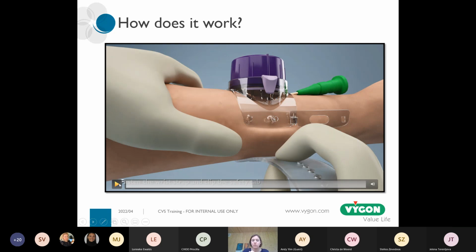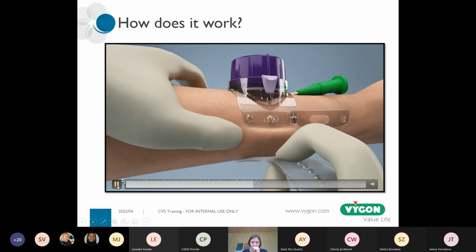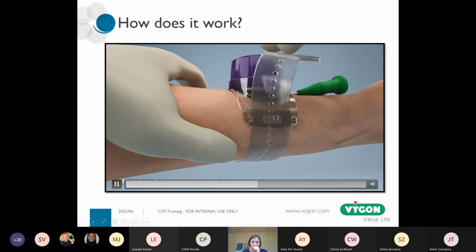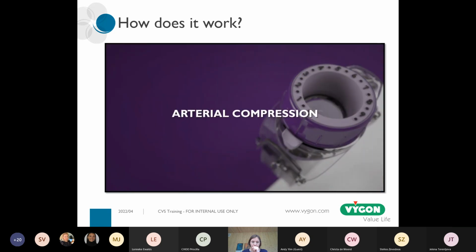The wristband has to be slightly taut, like when you hold a watch, okay? Okay, and then you fold it back on itself.